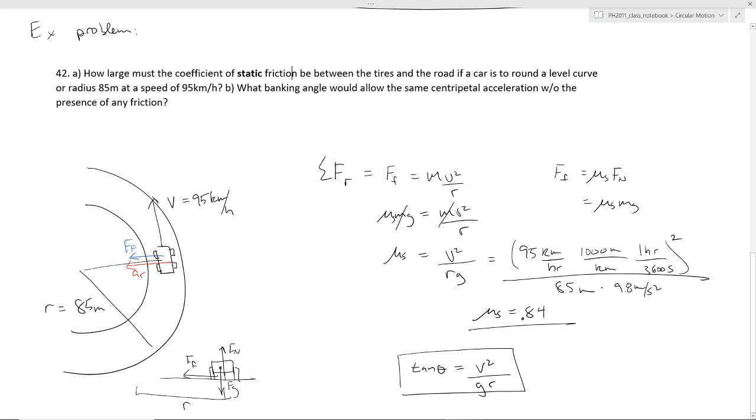So in other words, tangent theta is equal to mu s, what we have for mu s, so we can just take the inverse tangent of v squared over rg, and that's 0.84.